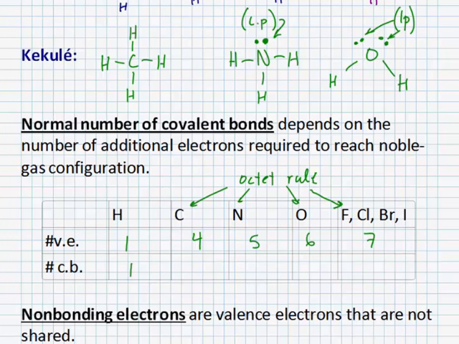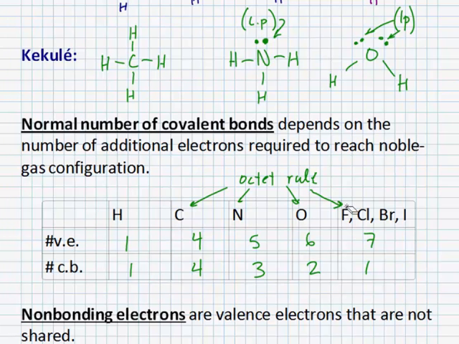The octet rule will be violated a bit sometimes in some of our other structures, but we can at least assume for now that the octet rule will apply to C, N, O, and F. Okay? So those 4 in the second row. So carbon then, in order to get up to 8, it makes 4 bonds, nitrogen makes 3, oxygen makes 2, and the halogens generally make 1.